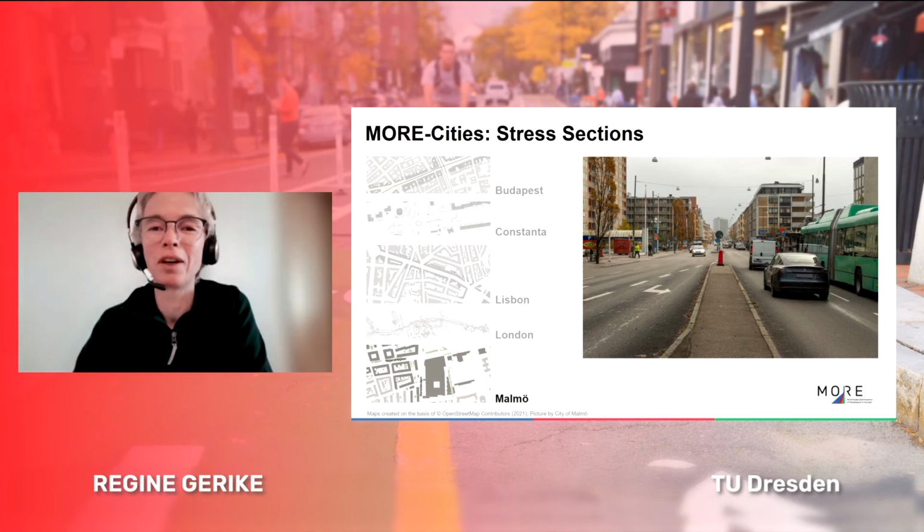So they had to work for their analysis of the current situation with other streets. So they chose 5 so-called reference streets, and you see one of them here on this picture.